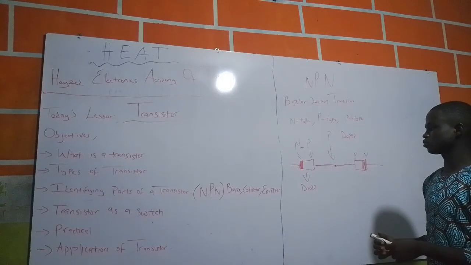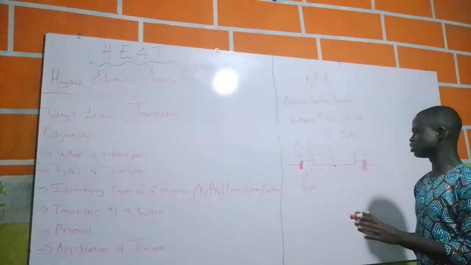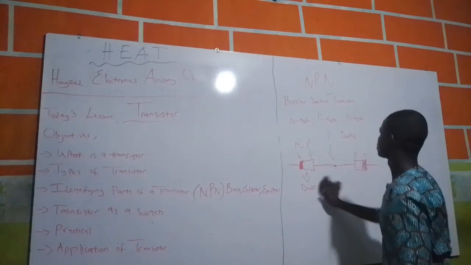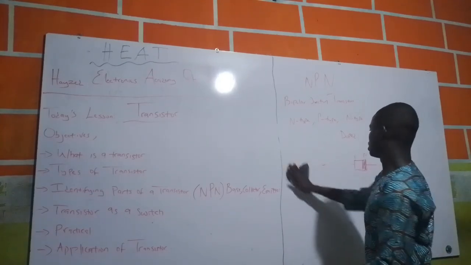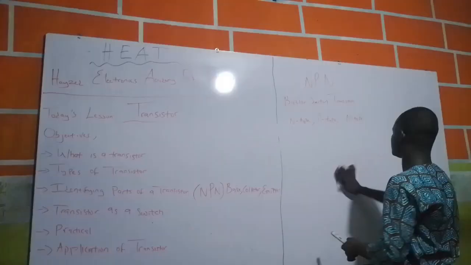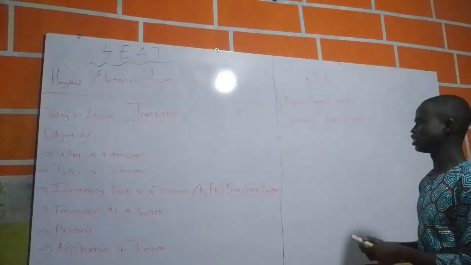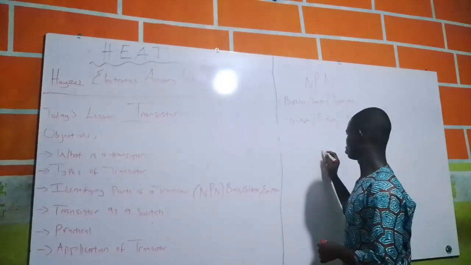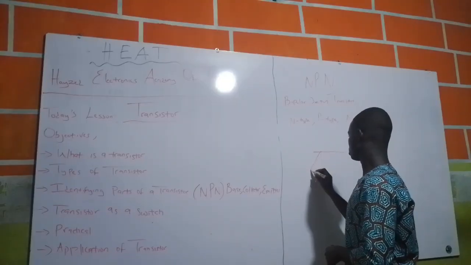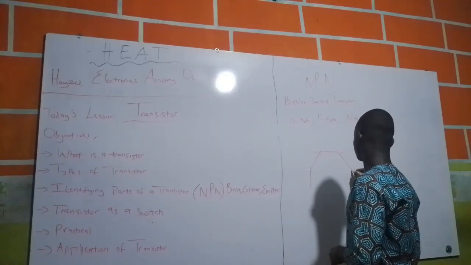Now, this is mostly the symbol of the transistor in a circuit. And the reason why I am focusing on the NPN transistor is that it is easier to understand than the PNP transistor. So this is the symbol of a transistor in a circuit.